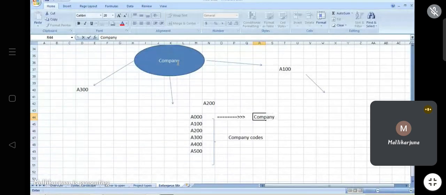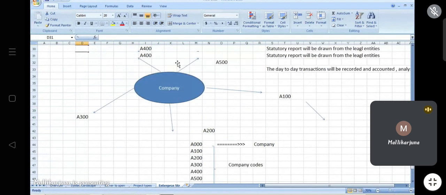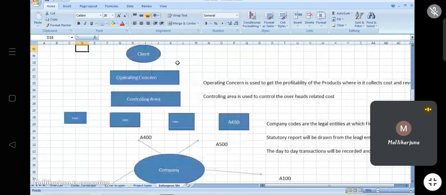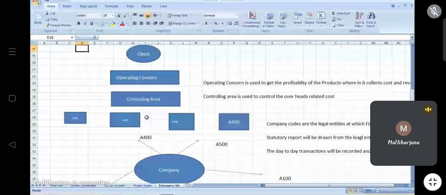Why have I not included the company here? Company is optional. Normally the organization structure has the controlling area and company codes.